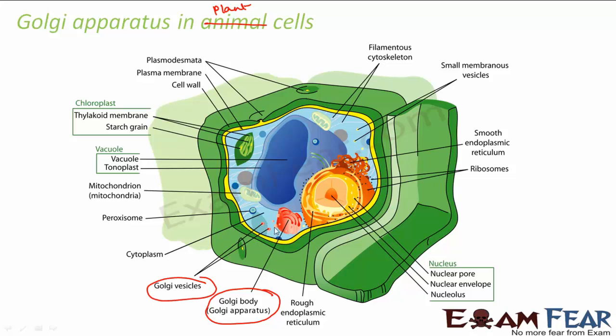Here the vesicles are arranged here and there. I mean, it is not in a specific place, right? Here we have a Golgi body, but it is not necessary that it will always be at a specific location and always near the nucleus. In plant cells, it can be scattered like this also in the form of Golgi vesicles, right?